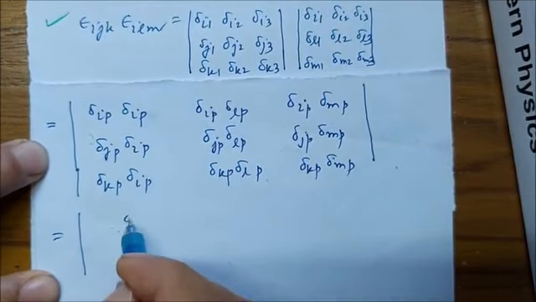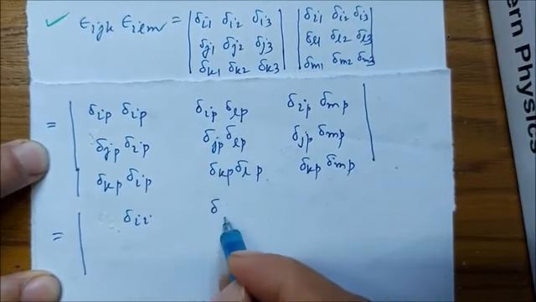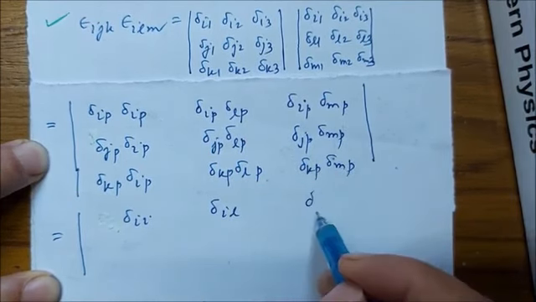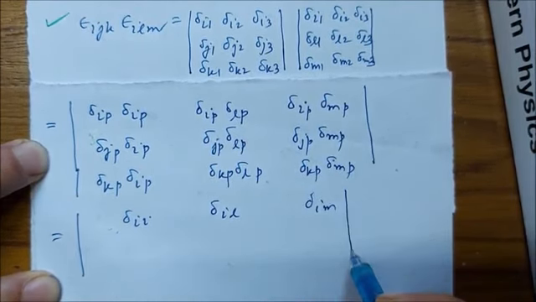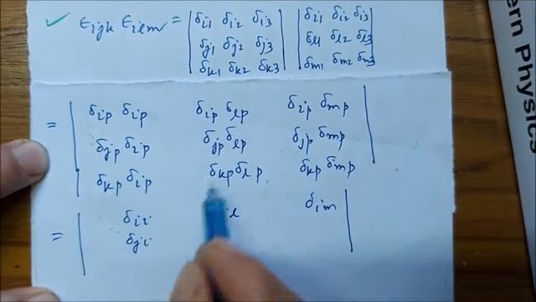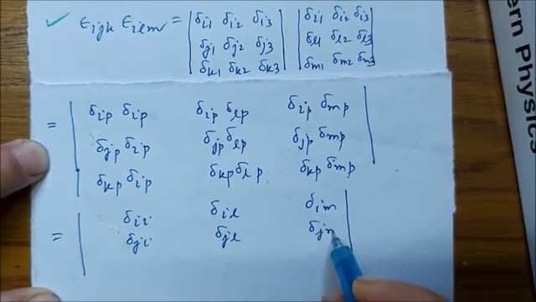Contract P and we get delta II. Here also contracting P we get delta IL, and then delta IM, JI, then delta JL, delta JM.